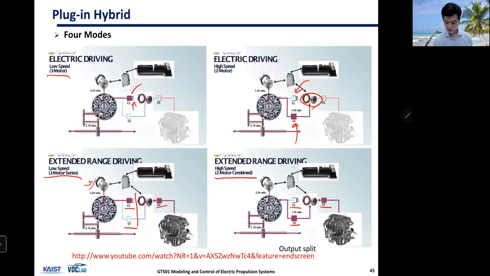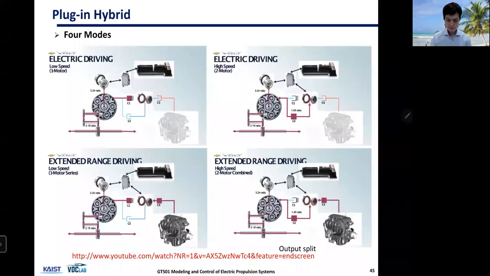And this gives you this unique output split mode, which is different from Toyota Prius input split mode. You can visit YouTube and type in Voltec, and you should be able to find more explanations on how their powertrain operates. Okay.